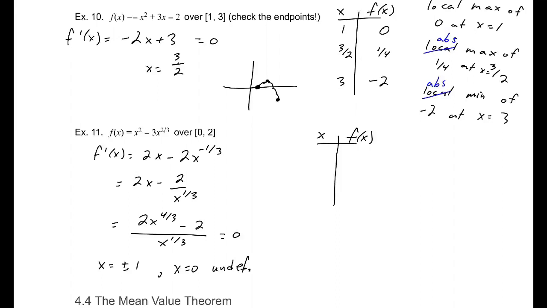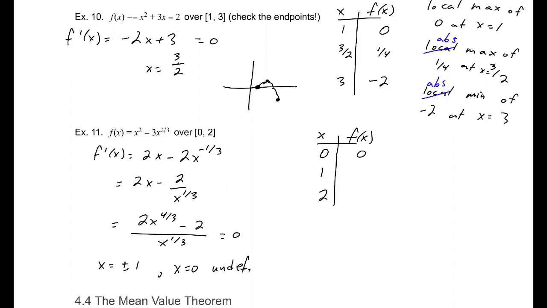If we evaluate that at negative 1, negative 1 is actually outside of our interval, so we don't need to test that value. So we've got our endpoints of 0 and 2, and then we have the critical point of 1 that we need to work with. So at 0, the function is 0.